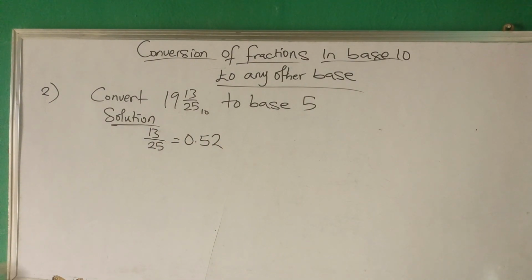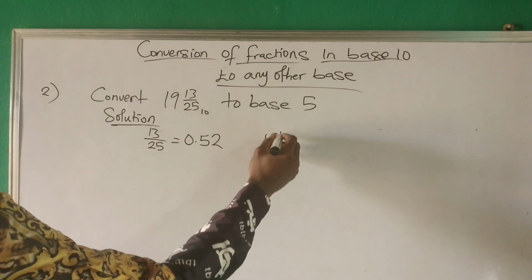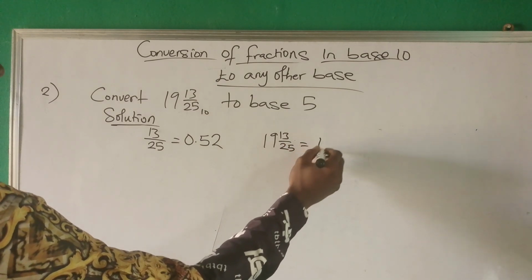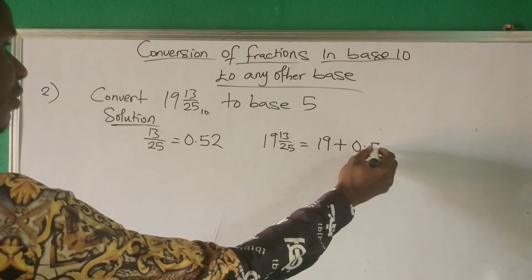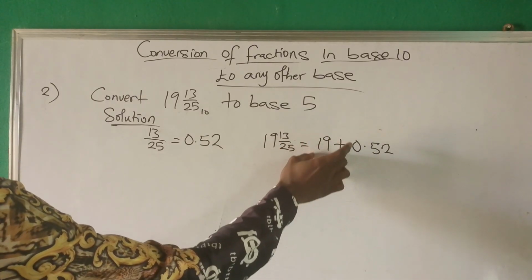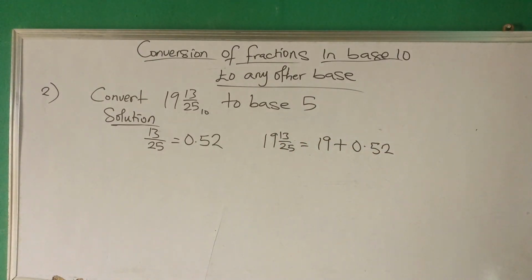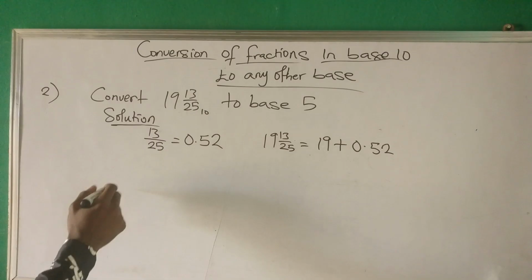That being said, we can now conveniently say that 19 whole number 13 over 25 is equal to 19 plus 0.52. This particular question has both the whole number part and the decimal part, so we solve them separately. Firstly, let's solve the whole number part, that is 19.